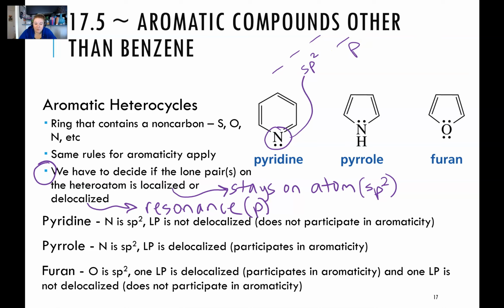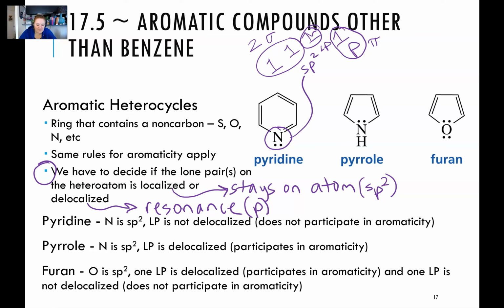So that means there's 4 things that will have electrons in it. So for nitrogen, we have the 2 sigma bonds going to the 2 carbons. We have the lone pair, and then that p orbital, that's going to be the pi bond going to the carbon.